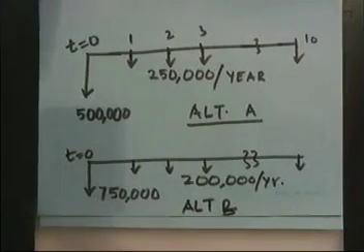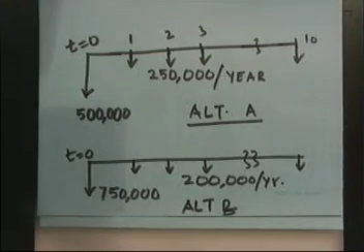So, what you find that the initial investment required for alternative A is rupees 500,000, whereas for alternative B it is very high, rupees 750,000. So, where is the benefit of going to this higher investment?